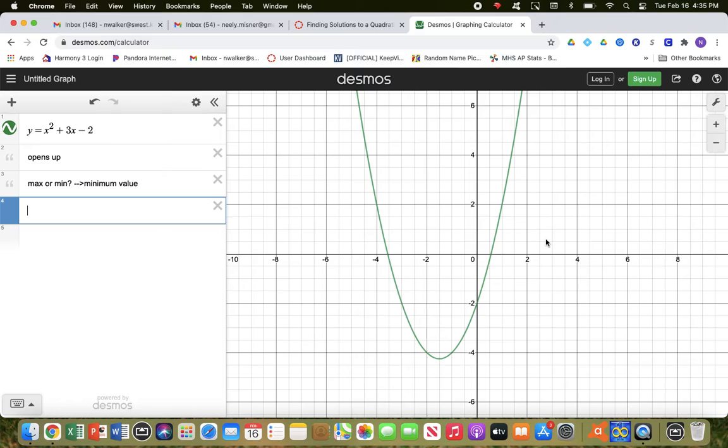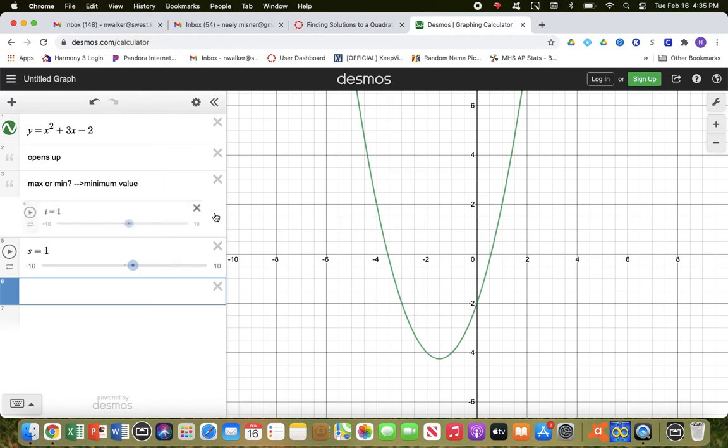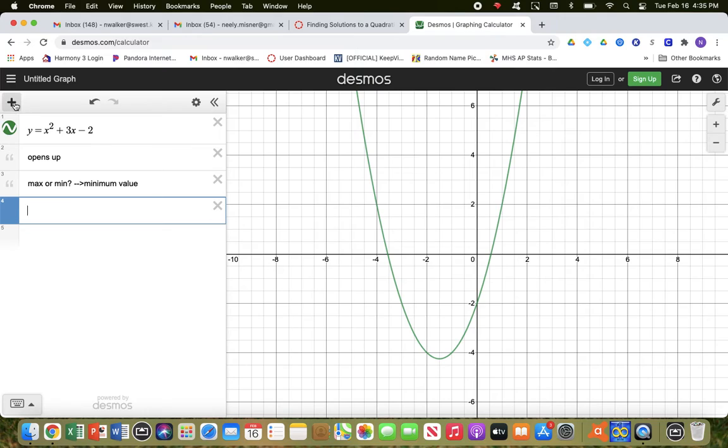So we're looking at the x-axis, and on this graph, it actually crosses twice. It crosses at this point, negative 3.562. Oh, that's not what I wanted to do. I just want to make a note.